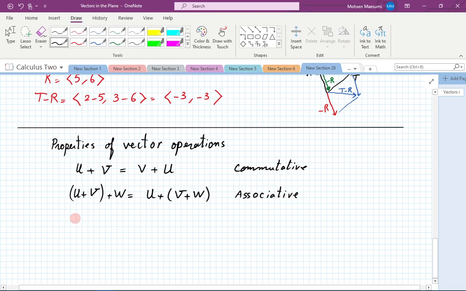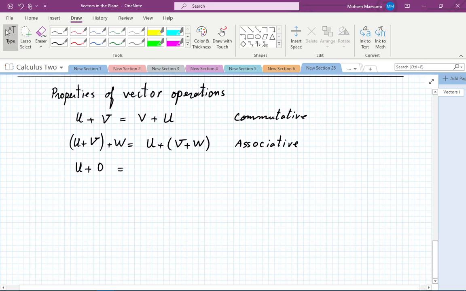Then we said we have a zero vector, which is very much like the zero we had for scalars. If you add it to any vector, it does not make a difference. So that is sometimes referred to as the null element or identity element.